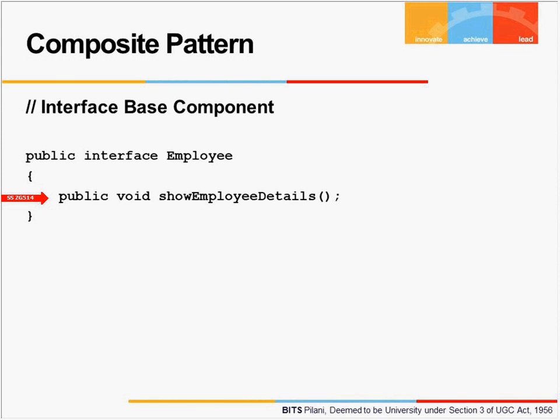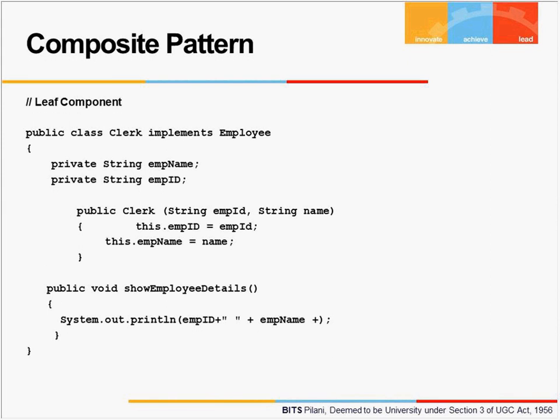Let's head to the leaf component. When we say a leaf component, my leaf component is the atomic object, which forms the leaf of the tree. In this case it was a clerk, right? So the lowest level was the clerk. The clerk implements the base object, right? It implements the employee.